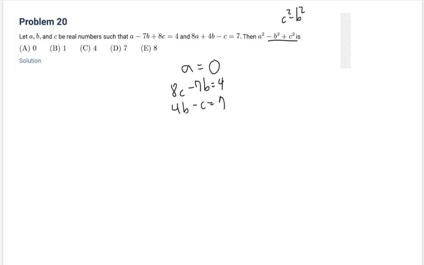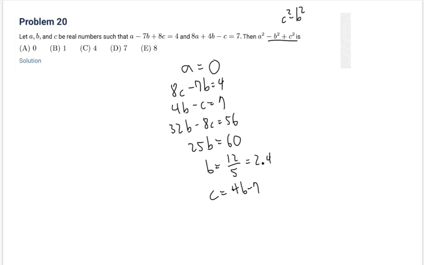So 32B minus 8C equals 56. So 25B equals 60, right? So B is 12 over 5, which is 2.4. And so C would be 4B minus 7, which is 9.6 minus 7.